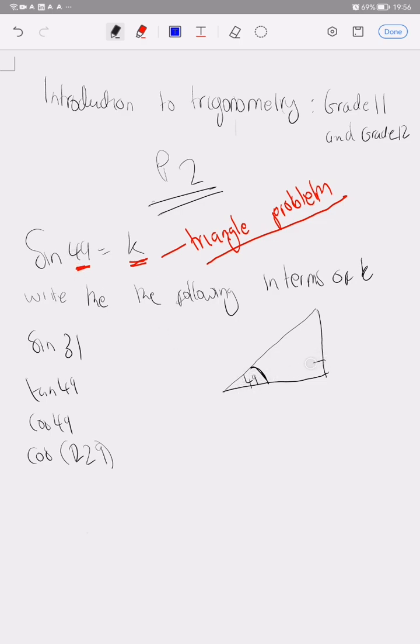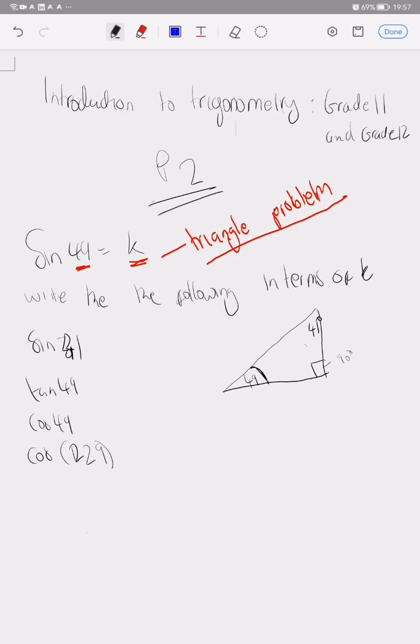Make sure that you write all your angles. Obviously this will be 90, and this one will be 41.